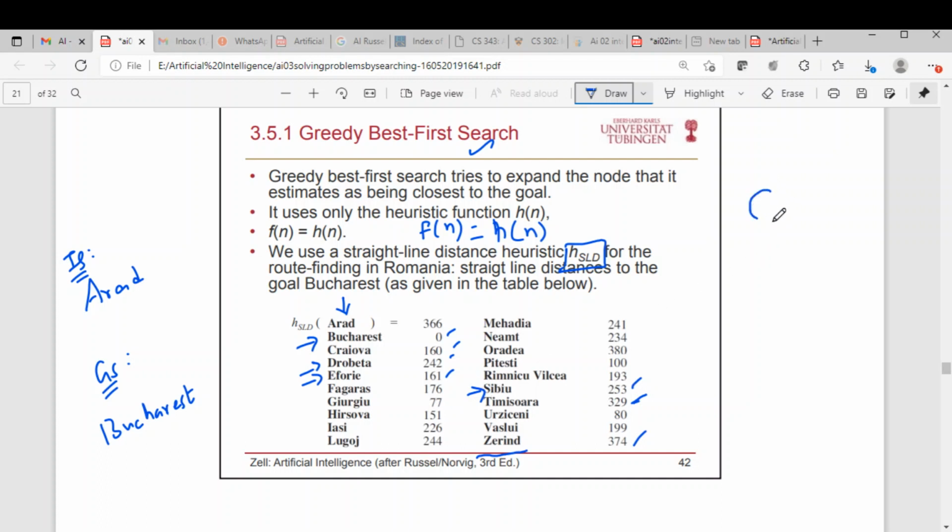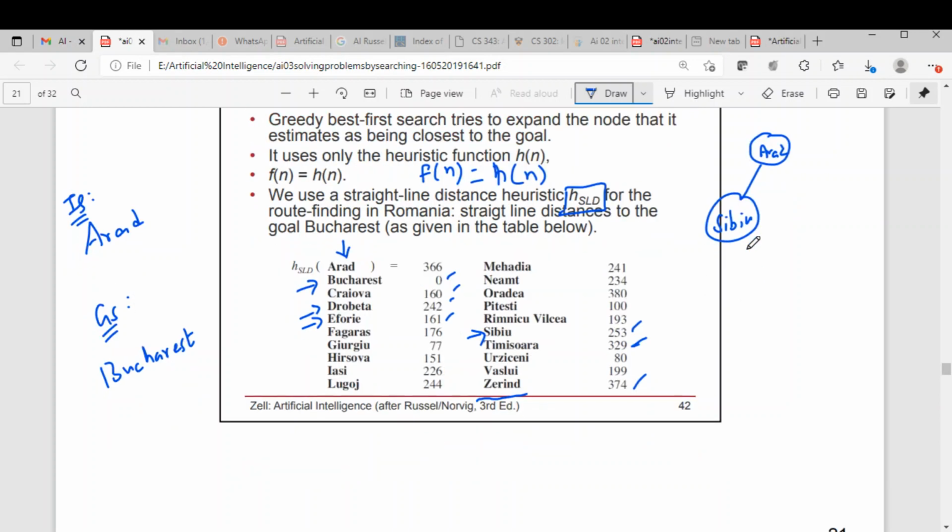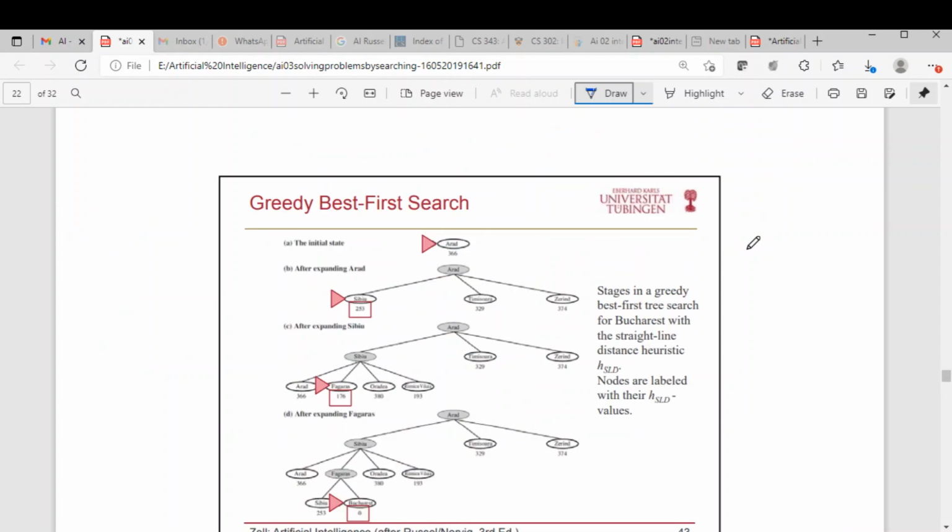So from Arad, it will go to Sibiu. This is the first decision it makes. So that is represented here. Initially the agent is in Arad. Now from Arad it can go to any of these three destinations, but it is choosing Sibiu.